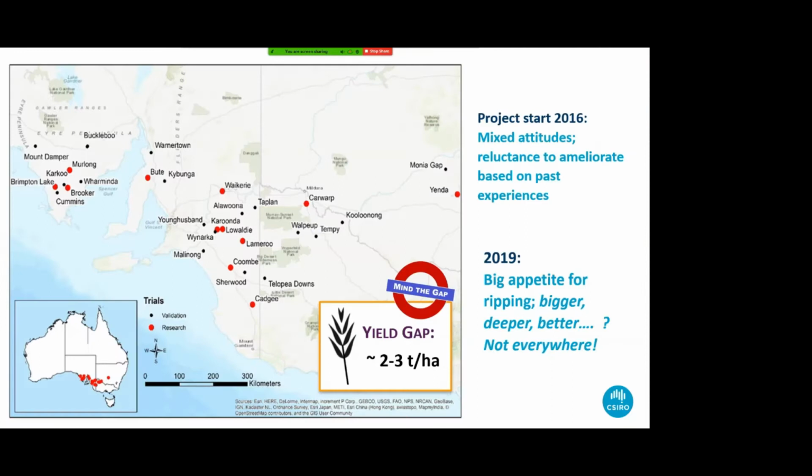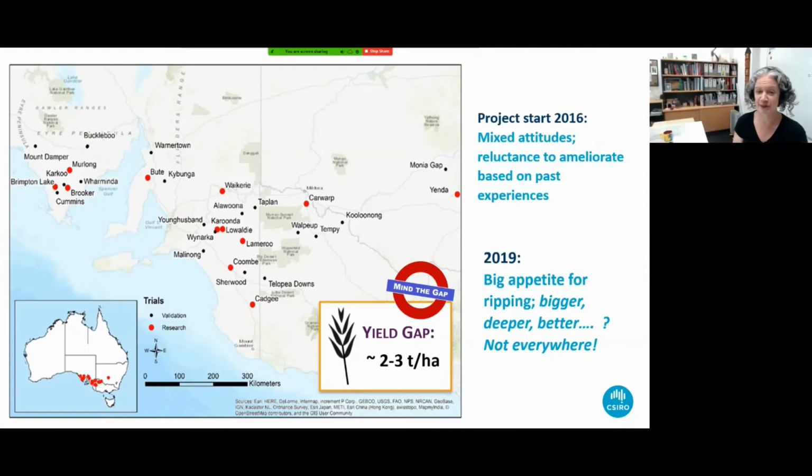So a quick bit of geography for everyone. Hopefully people will be able to identify one of our project sites near them. We do stretch all the way from the Eyre Peninsula to southwestern New South Wales.